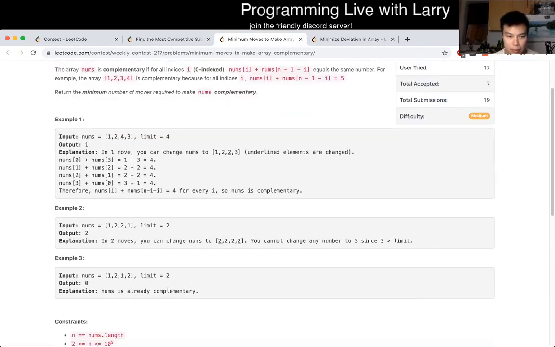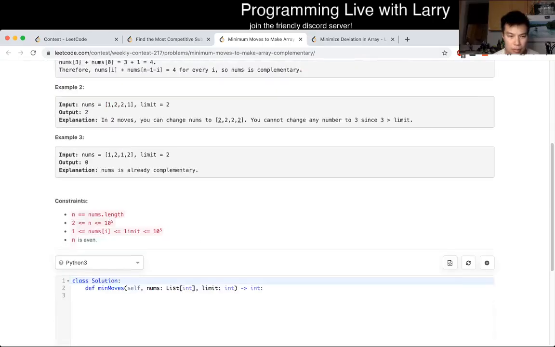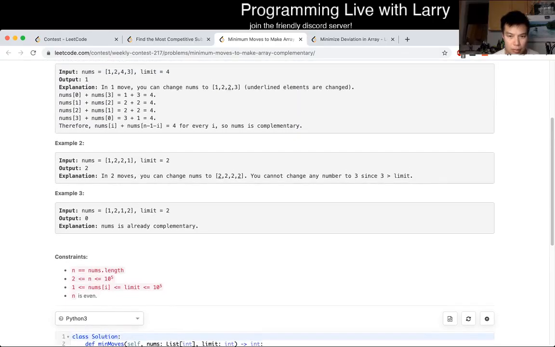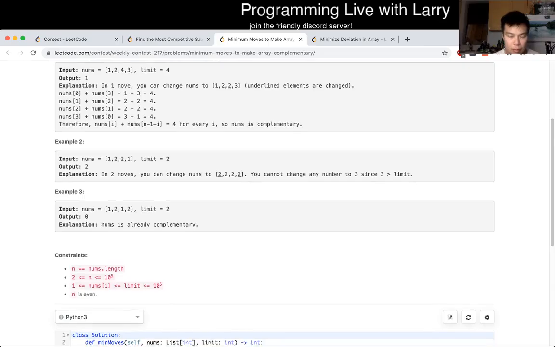Okay. Why would we want to change it to 3? Okay.